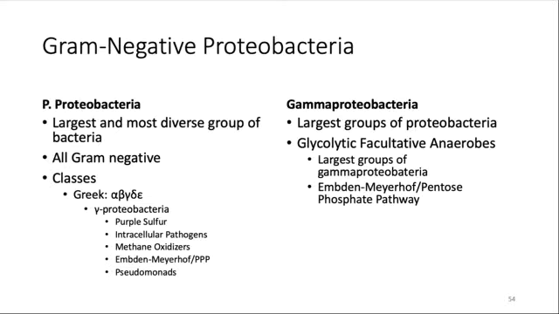Then you have the largest group of organisms under the gamma proteobacteria. They are called the glycolytic facultative anaerobes. So these organisms will typically use glycolysis. They are facultative anaerobes.